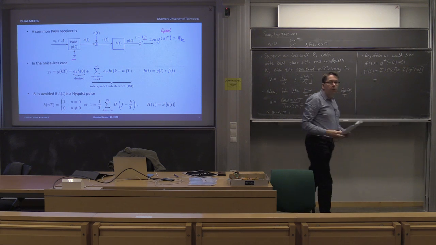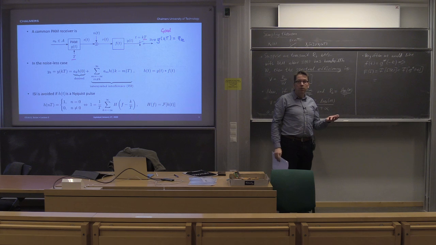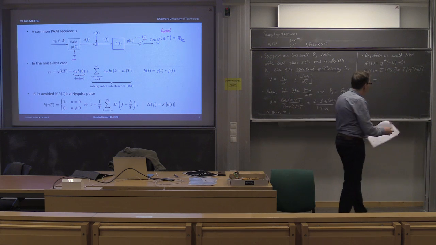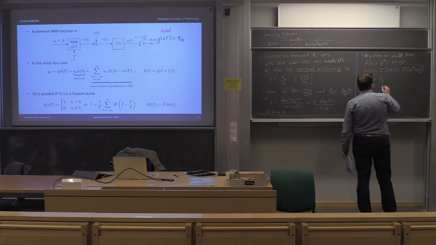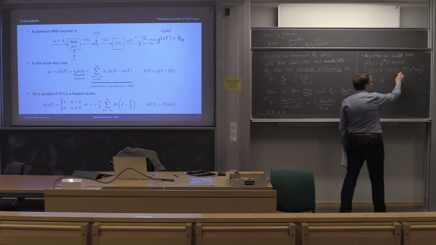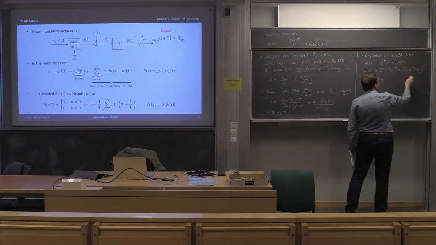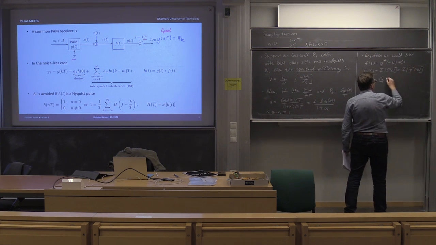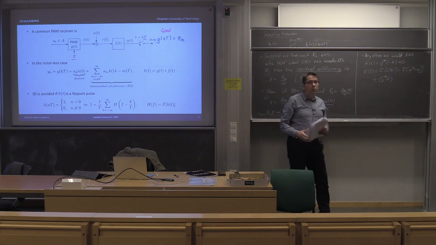And it's not difficult to calculate what this is, but if you just trust me or look in your Fourier transform tables, you would see that the Fourier transform of g star, time reversed, is just the Fourier transform of g complex conjugated.